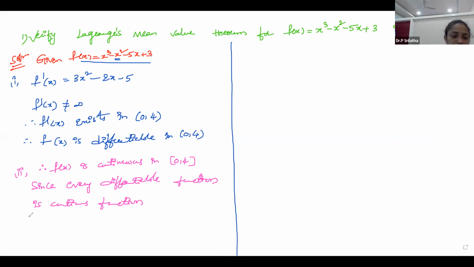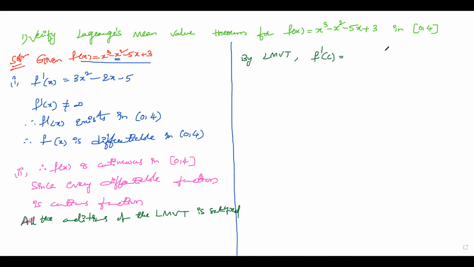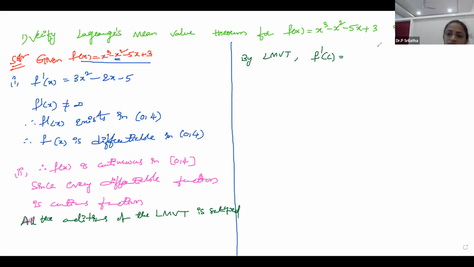But before that, all the conditions of the LMVT, Lagrange's mean value theorem, are satisfied. So by Lagrange's mean value theorem, what is the main formula? F dash of C equals f of B minus f of A divided by B minus A.